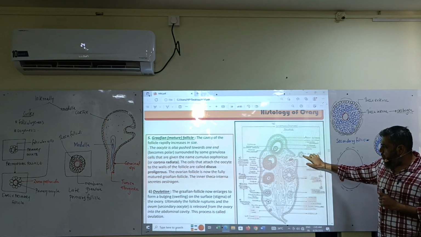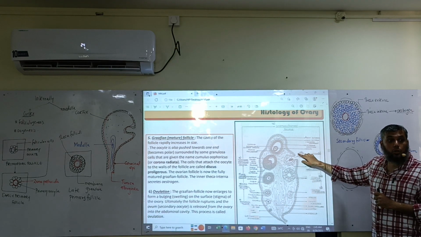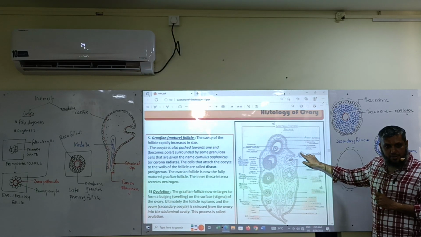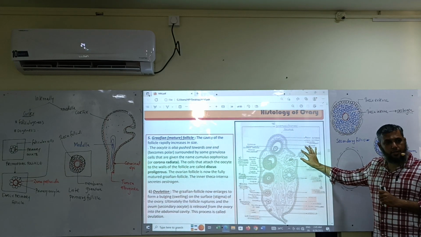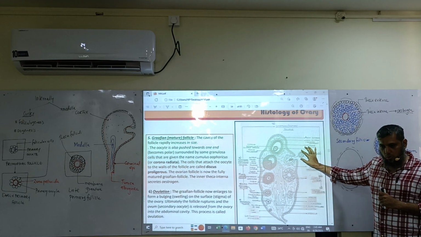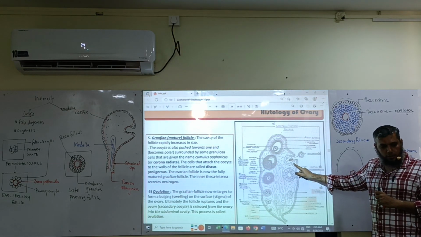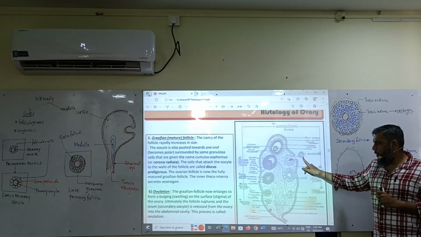Now the secondary oocyte is surrounded by which cells? Corona radiata cells. And this release is called ovulation. क्या कहते हैं इसको? Ovulation. The rupture of the Graafian follicle to release the secondary oocyte is called as ovulation.